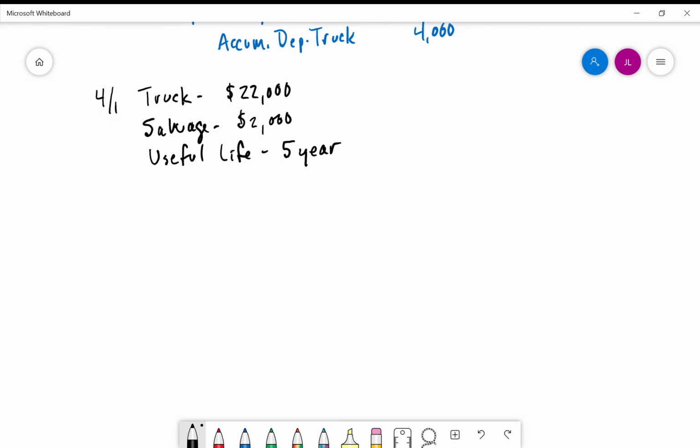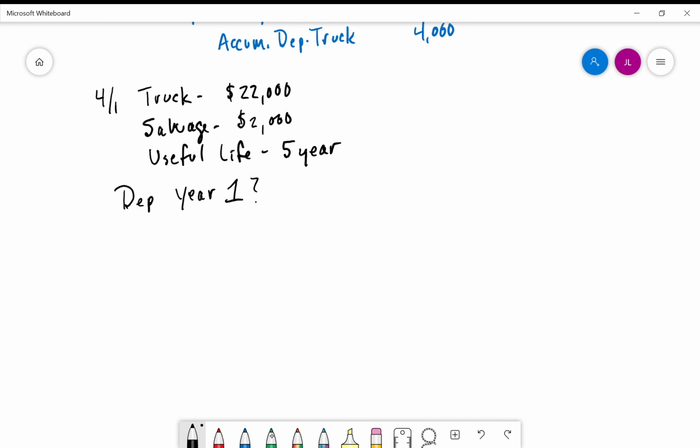So if we want to know the depreciation for year 1, well, we didn't have this asset in service for a full year, so we have to prorate the depreciation.